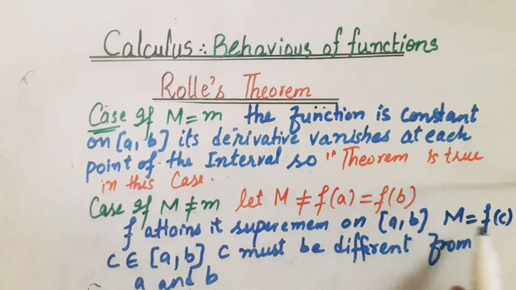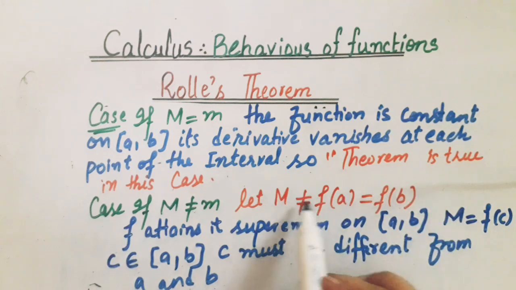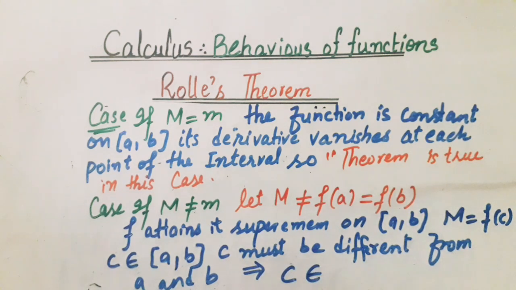Because M equals f(c), c must be different, since M is not equal to f(a) and f(b). This implies that c must belong to the open interval (a, b), because c is not equal to a or b.